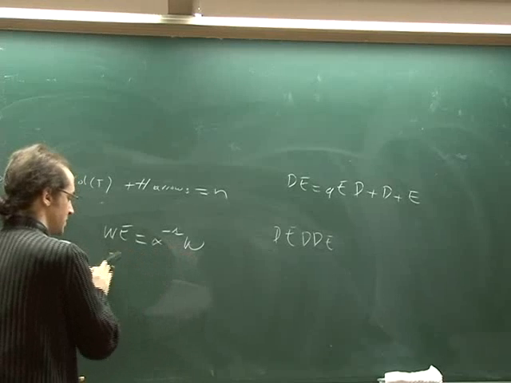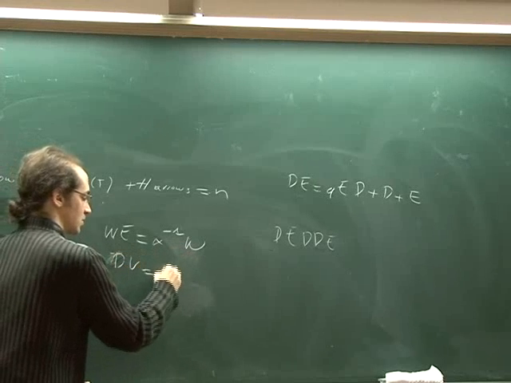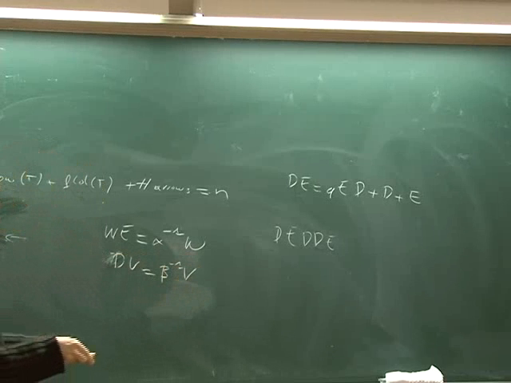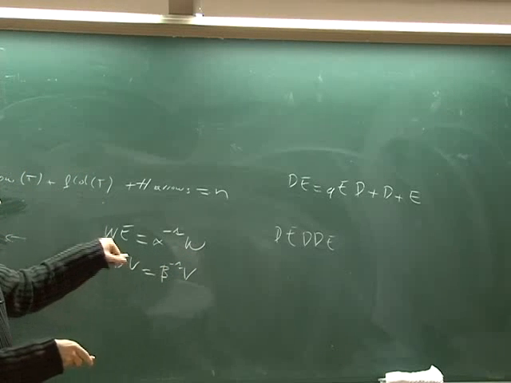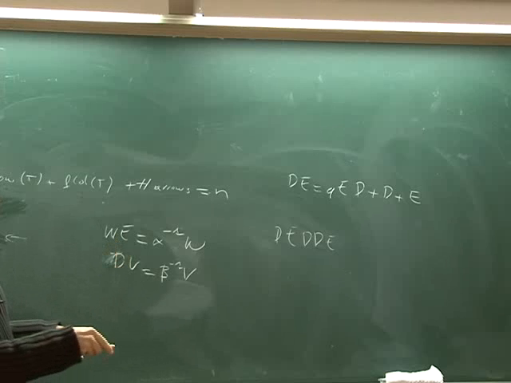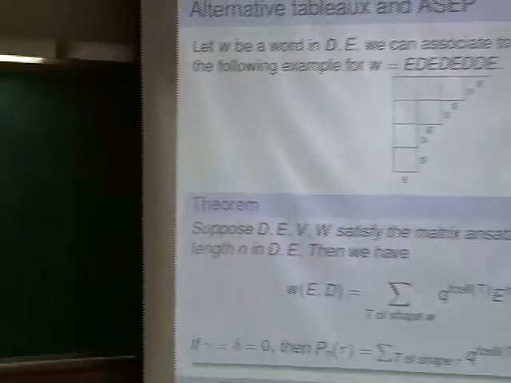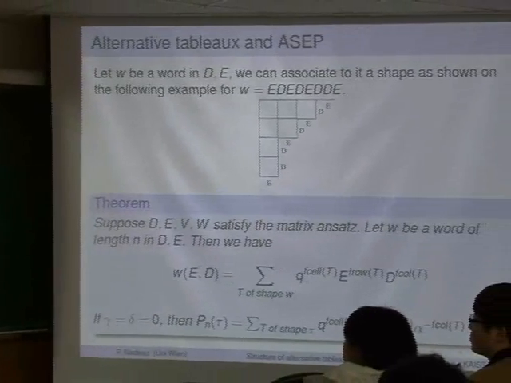And you have also that DV equals beta inverse V. So if you take this word and you use these two relations by putting a W here, a V after, then you can make all the E's and D's disappear, and some powers of alpha inverse and some powers of beta inverse appear.